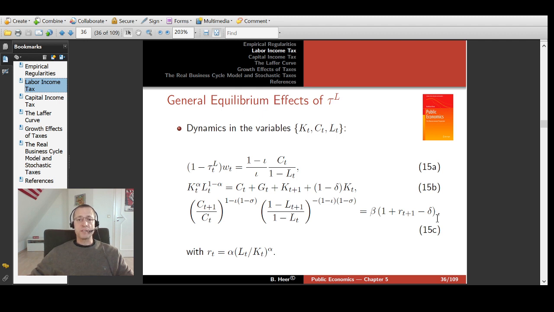This provides us with new values C, L, and K for period 39. And we continue to use this dynamic system to compute the values in period 38 and so on up to period 0. And then we compare our value for K0, our capital stock in period 0, with the initial steady state value of the capital stock. And if it's equal, we are done.